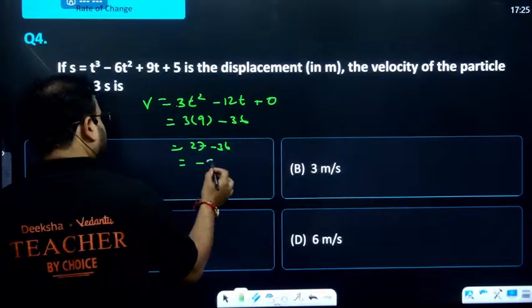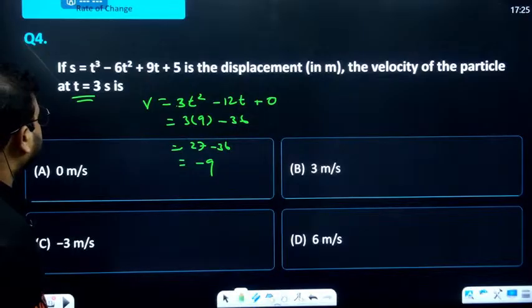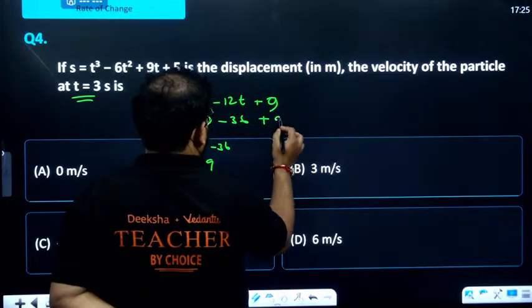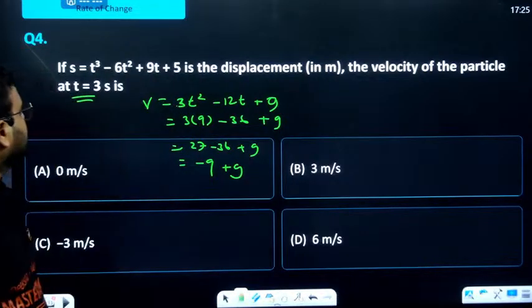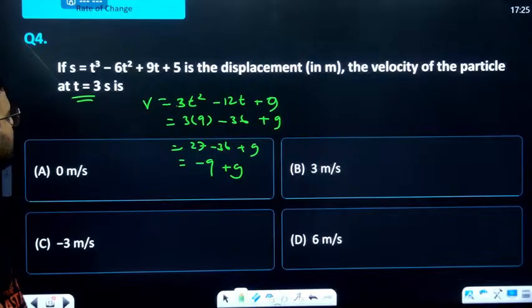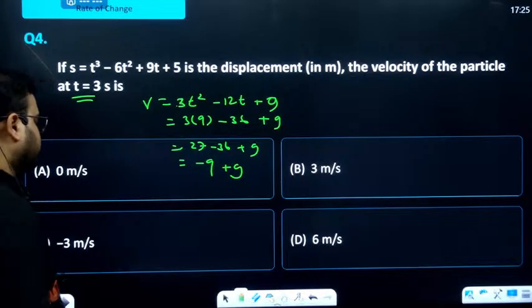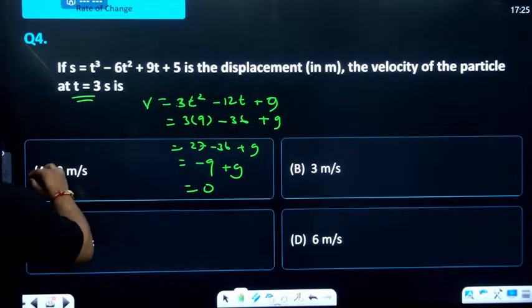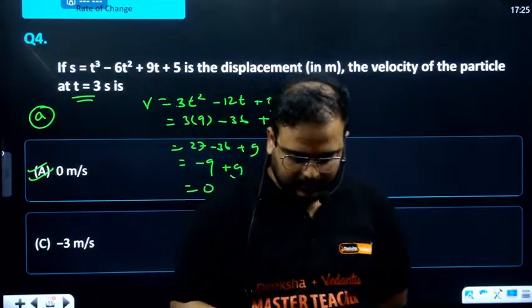Minus 9. I made a mistake. Yes, we have 3t square, minus 12t, and this should be plus 9 also, right? So 27 minus 36 plus 9 is 0. Correct. So the answer becomes 0. Option is A. My bad, calculation mistake.